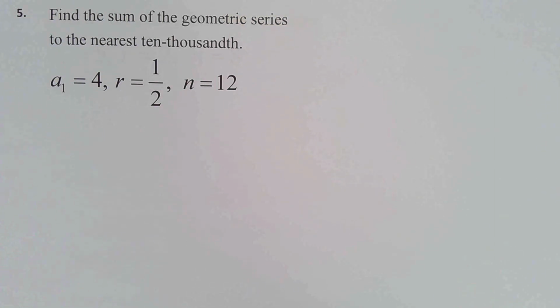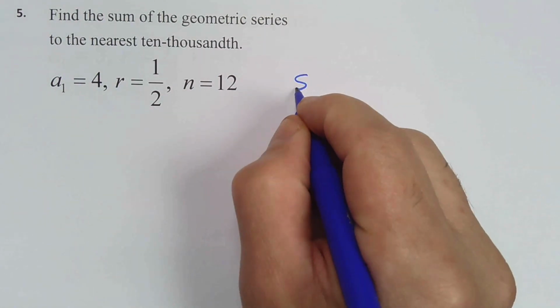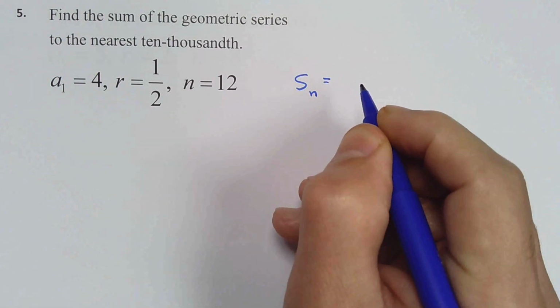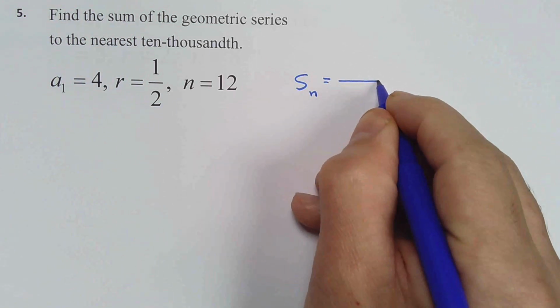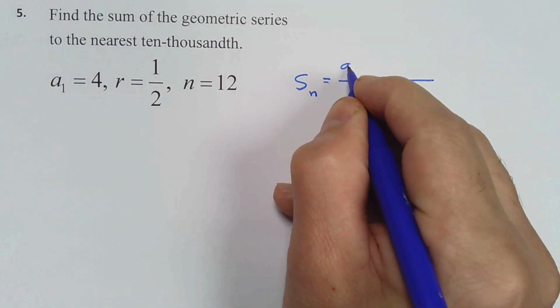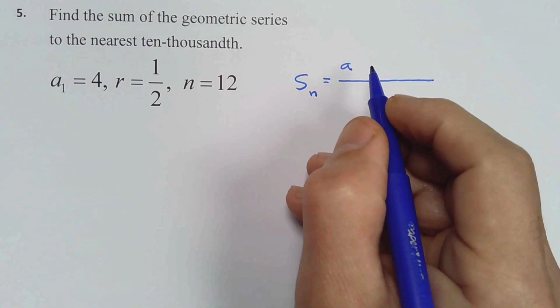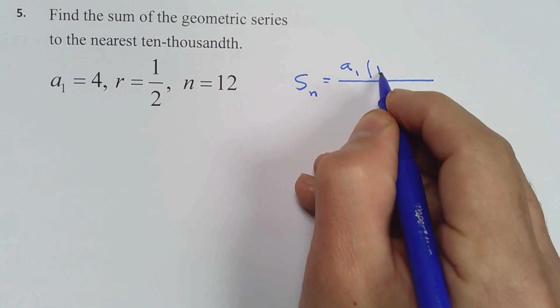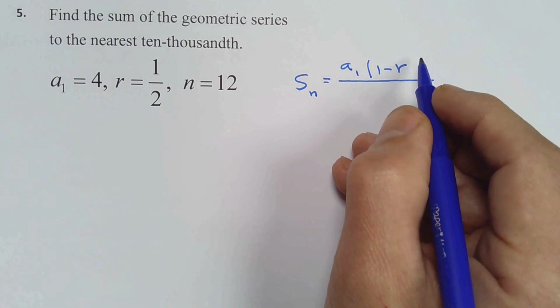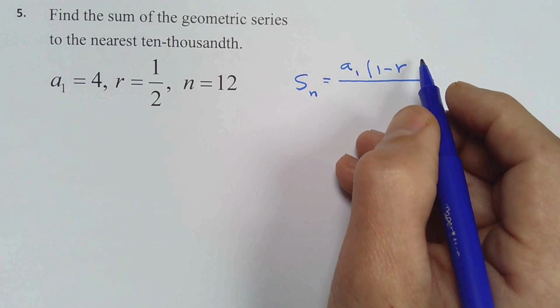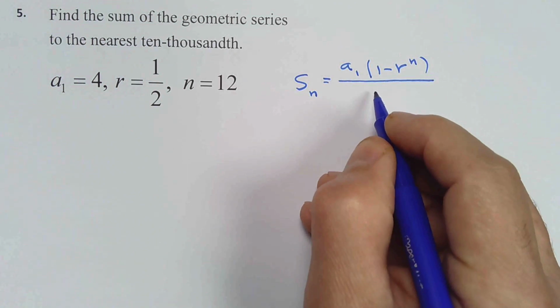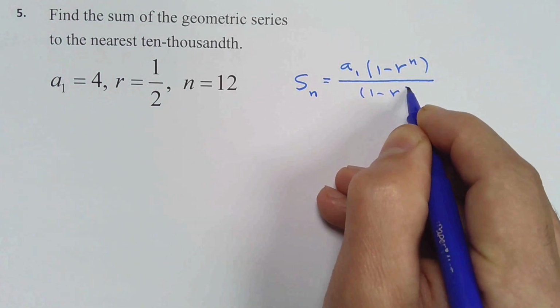Find the sum of the geometric series to the nearest 10,000. The formula is: the sum of n terms in a geometric series is equal to a sub 1, the first term, multiplied by 1 minus the common ratio r to the power n, all over 1 minus r.